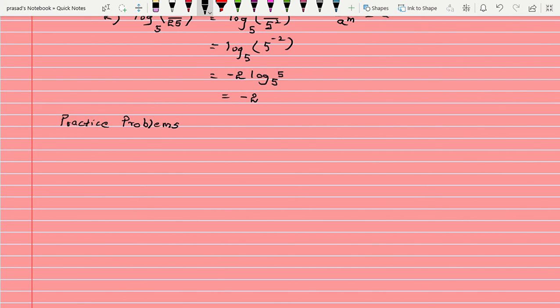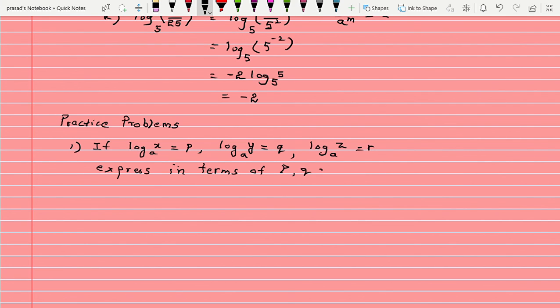So the first one here, if log of x to base a is equal to p, log of y to base a is equal to q, and log of z to base a is equal to r. Express in terms of p, q and r.